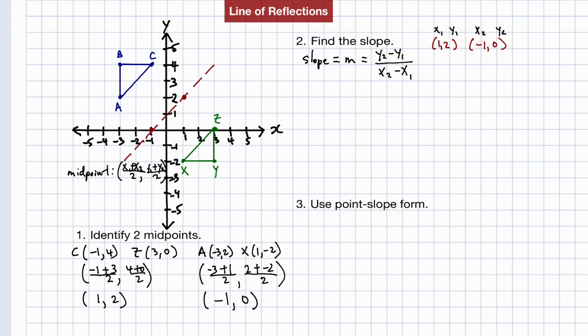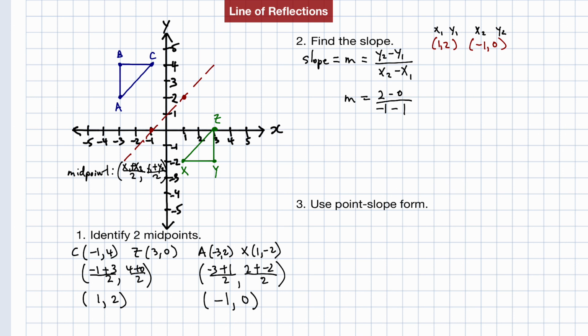And so we're going to get m is equal to y2, which is 2, minus y1, which is 0, divided by x2, which is negative 1, minus x1, which is 1.